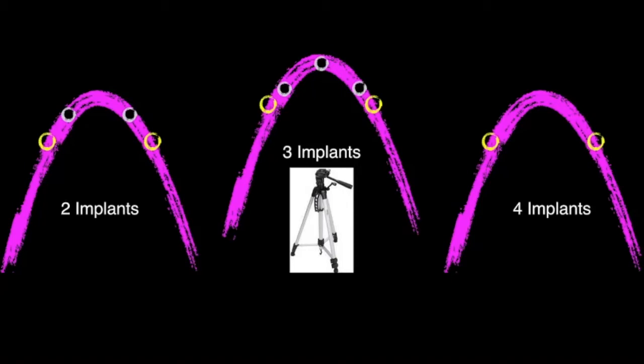We're going to be placing those implants anterior to the mental foramen. However, if we're able to place 2 implants anterior to the mental foramens, and if we have enough height in the posterior mandible, place 2 more implants at the position of the second premolars, then you're really going to have a very stable prosthesis, and patients are going to be very happy.